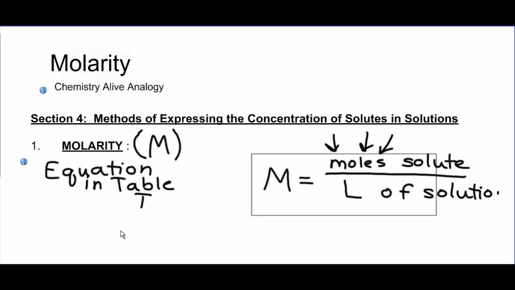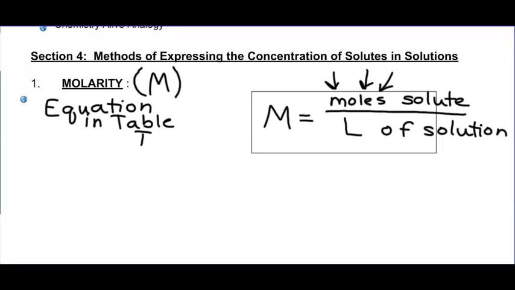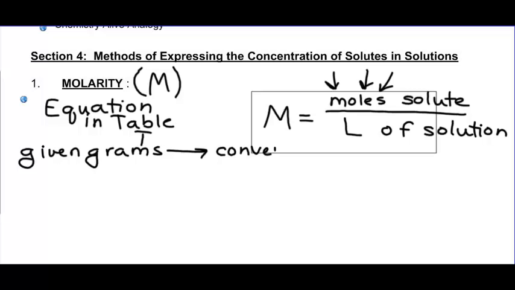So two really common tricks that they do with molarity problems is they give you grams. You must convert it to moles first. And again, remember the way that you convert to moles is by dividing by the formula mass. The other thing they do is that they'll give you the volume of the solution in milliliters.